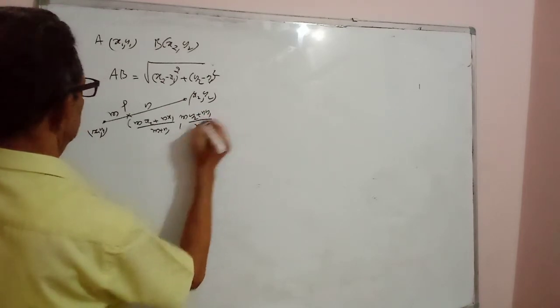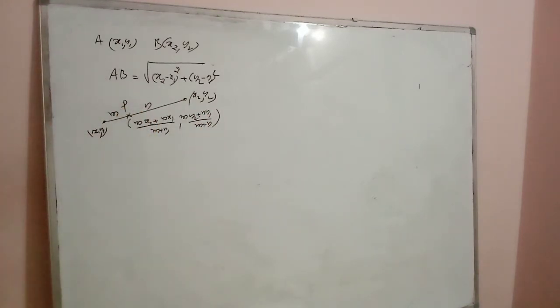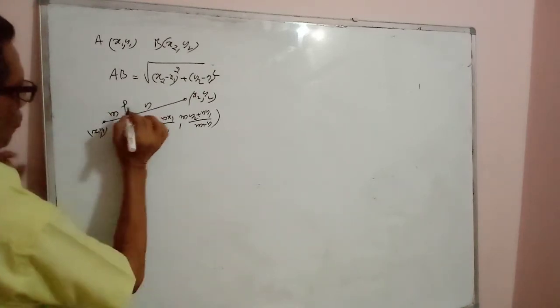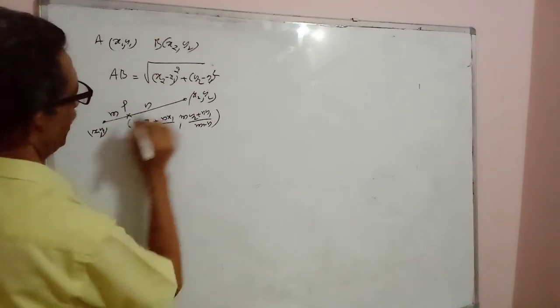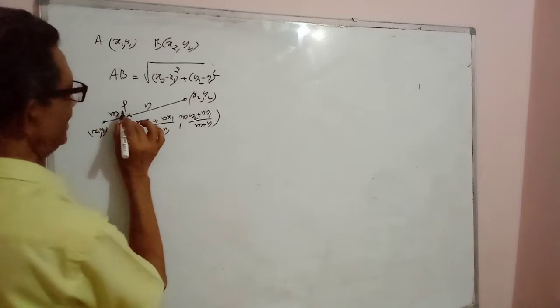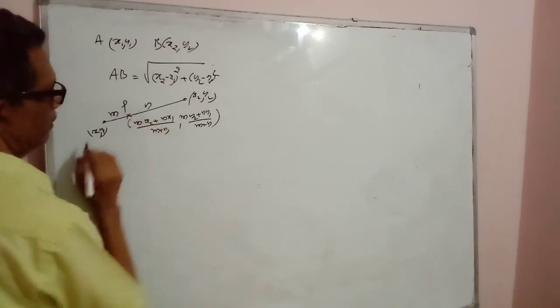This is if the point P is the internal divisor. Once more, the coordinates of a point which divides the line segment joining (x1, y1) and (x2, y2) internally in the ratio m is to n.